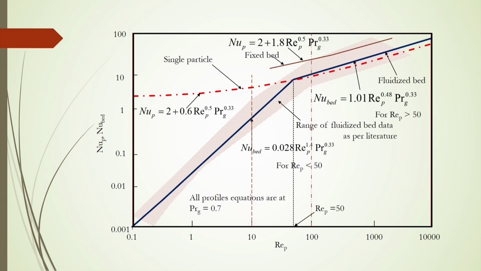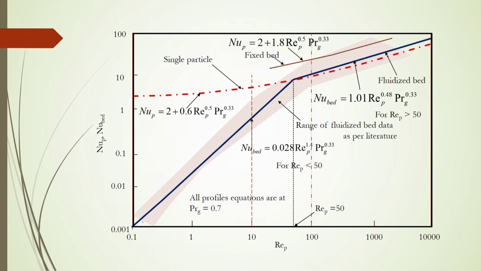And here in this diagram, the Nusselt number of the particles and the Nusselt number of the bed are drawn with respect to the Reynolds number of the particles. Here we see that this line is giving the heat transfer coefficient equation, or Nusselt number of bed equation, for the fluidized bed system.